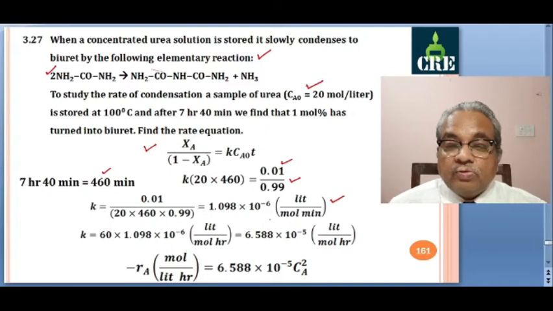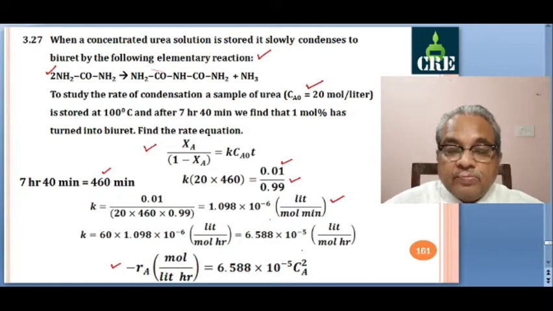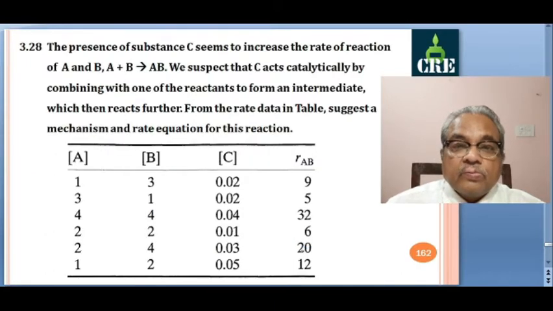This is per minute, so I can convert it into per hour. So in terms of liters per mole per hour, I have to multiply by 60. So the K value in the units of liter per mole per hour is 6.588 into 10 raised to minus 5. So minus Ra in terms of moles per liter per hour will be K Ca square. K value I substitute here, 6.588 into 10 raised to minus 5 into Ca squared is the desired rate equation.